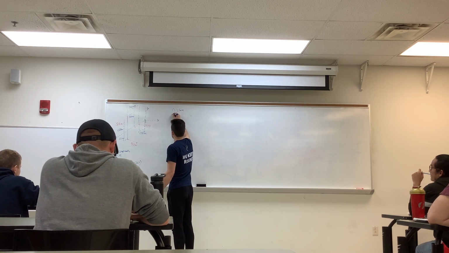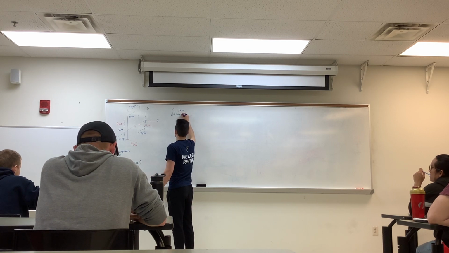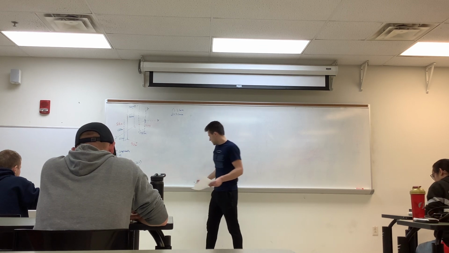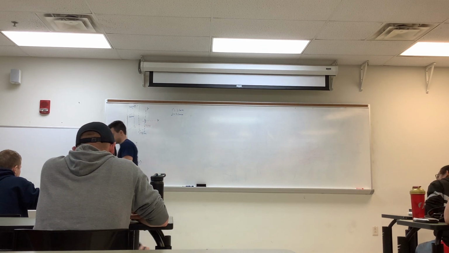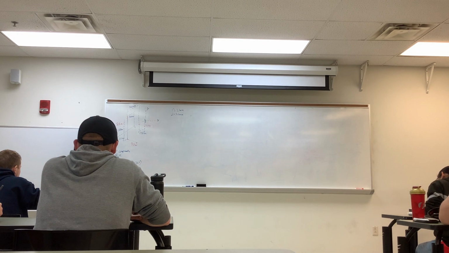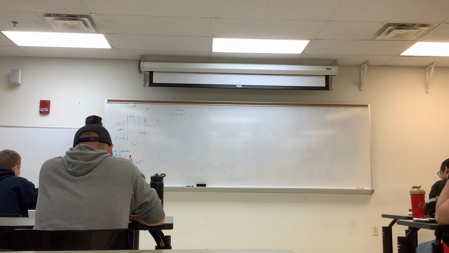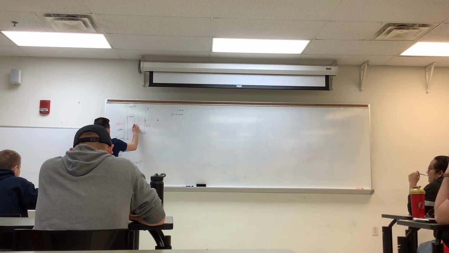Our diameter is just double the radius, so 50 millimeters. The first big step whenever we do any one of these combined loading problems is we're going to take a cut across this area of interest where we're looking for all those components of stress. In this problem, we're going to take a cut directly at point H.